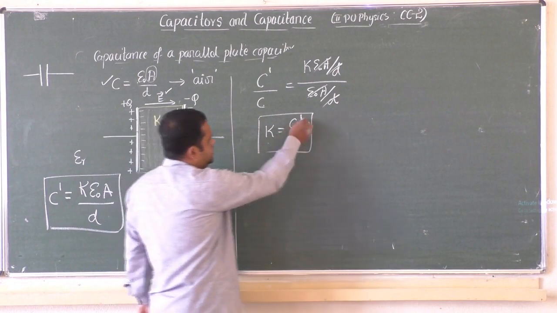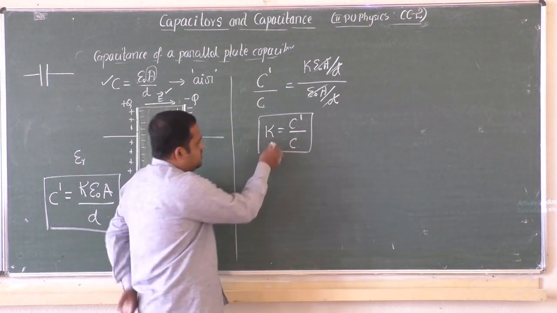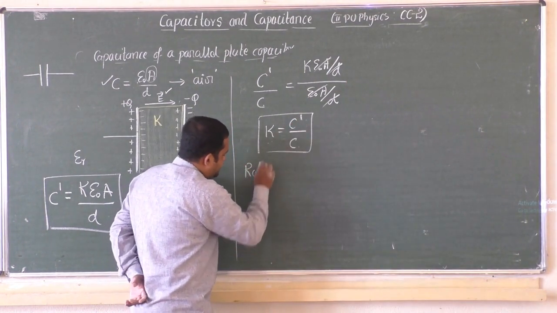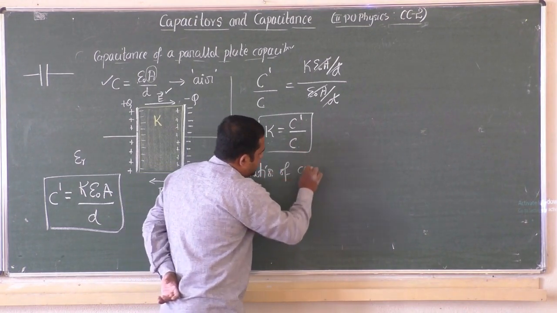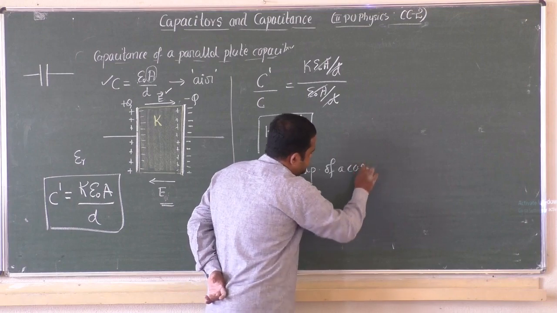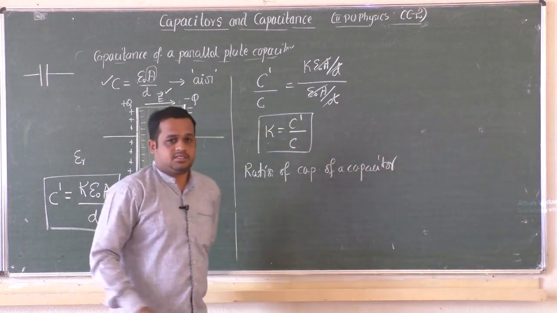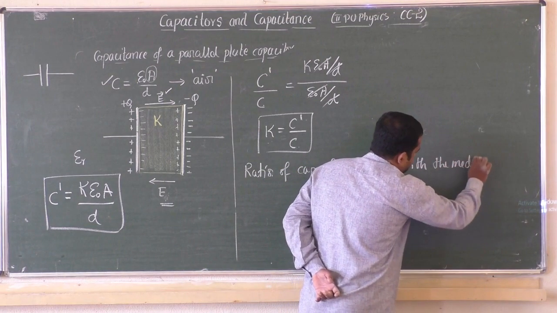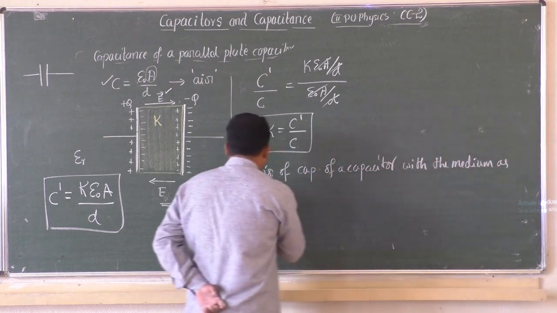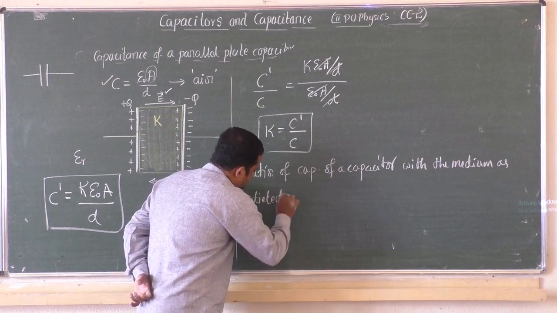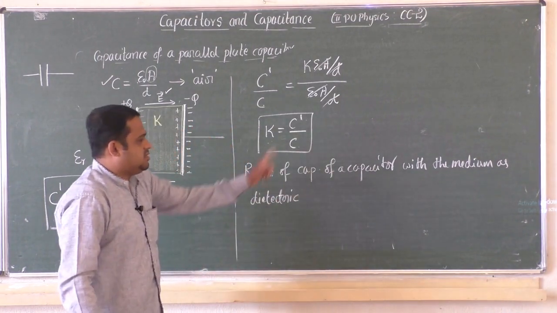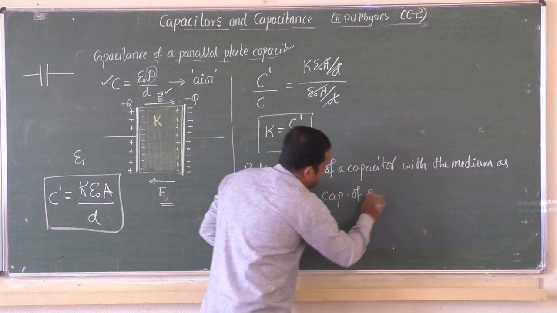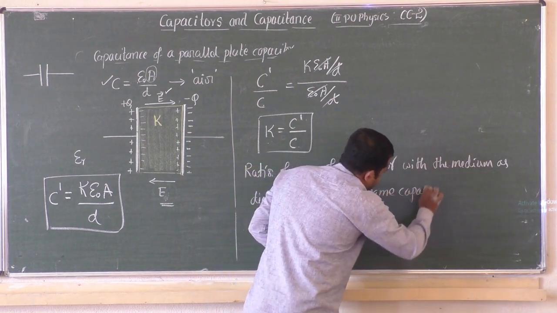How to define this dielectric constant in terms of capacitance? Dielectric constant of a medium is the ratio of the capacitance of a capacitor with the medium as dielectric, that is C dash, to the capacitance of the same capacitor.